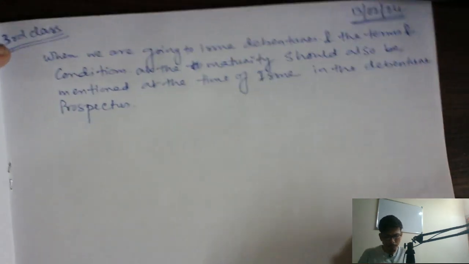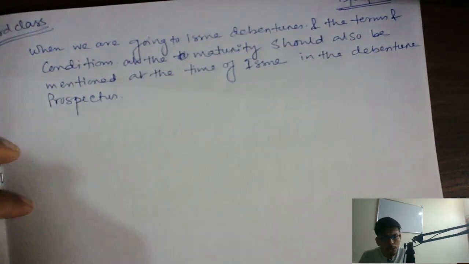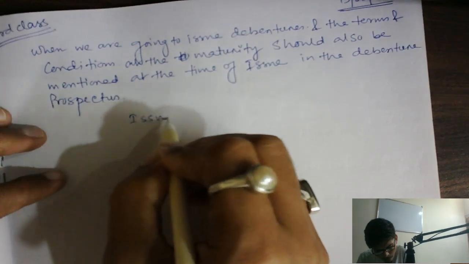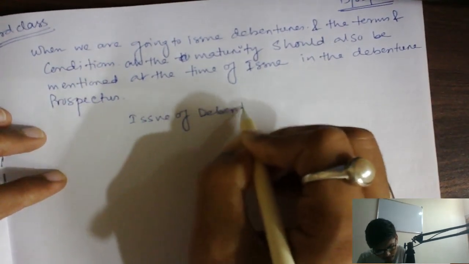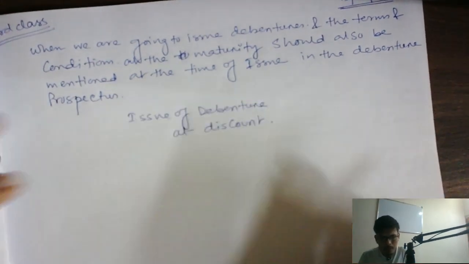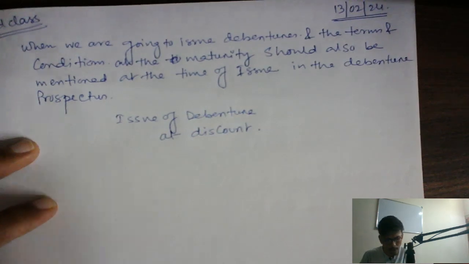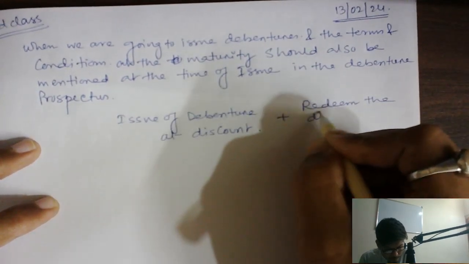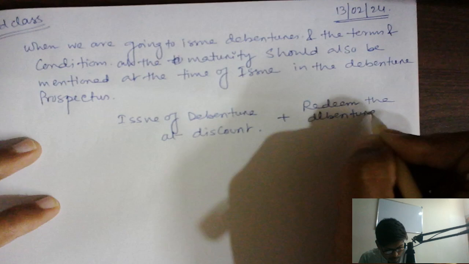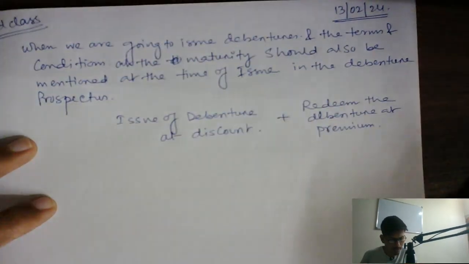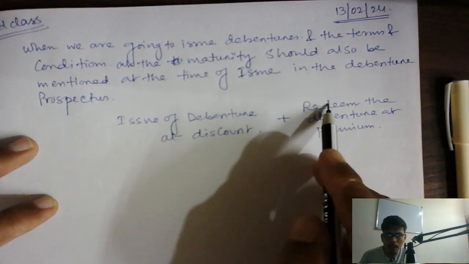That is quite important. The question of loss or discount comes mainly in two situations. Point number 1, issue of debenture at discount, plus when you redeem the debenture at premium. So these are the two things: issue of debenture at discount, and redemption of debenture at premium.